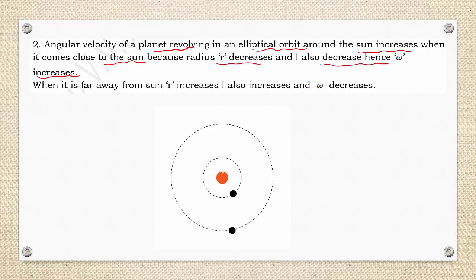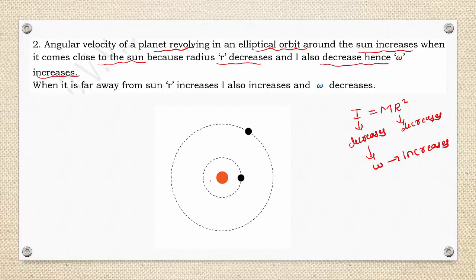When radius decreases, moment of inertia also decreases, because moment of inertia is given by the equation I equals mr square. When I decreases, omega increases, angular velocity increases. When it is far away from the sun, radius increases, moment of inertia increases, and its speed decreases.